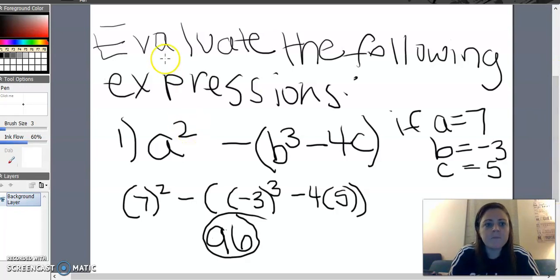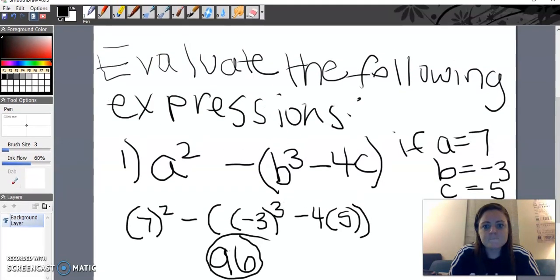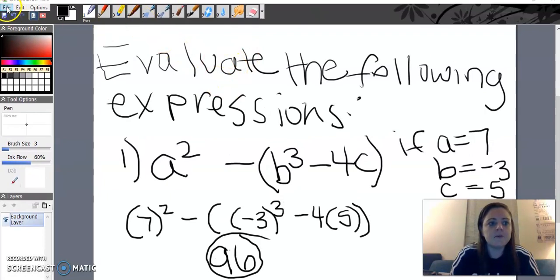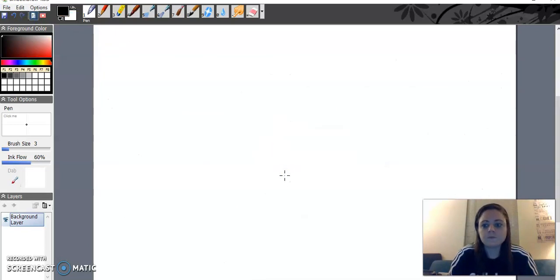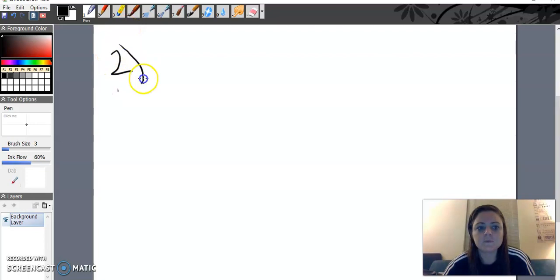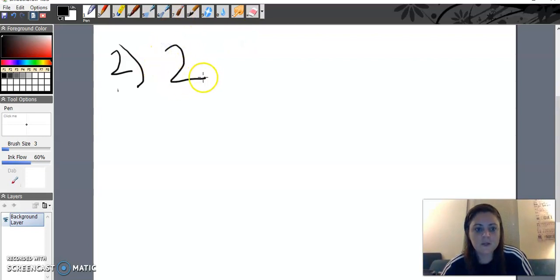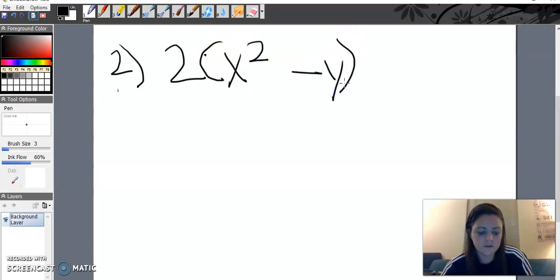Now I'll do another problem. So I need to get a new sheet of paper. Okay, now our next problem is going to be 2 parentheses x squared take away y plus z to the second power.